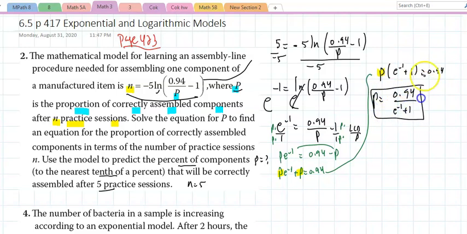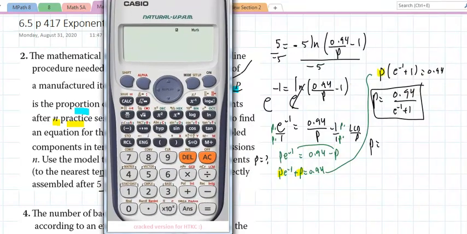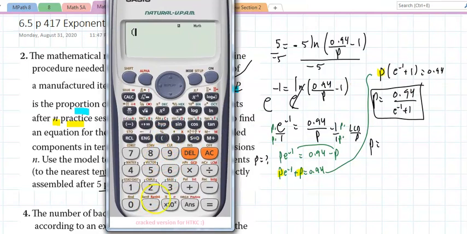That's an exact answer. P equals, I'll get my calculator out, and I'll have 0.94 divided by e to the -1, there's e, raised to the -1, plus 1. I'm going to write this down and answer the question really quick.